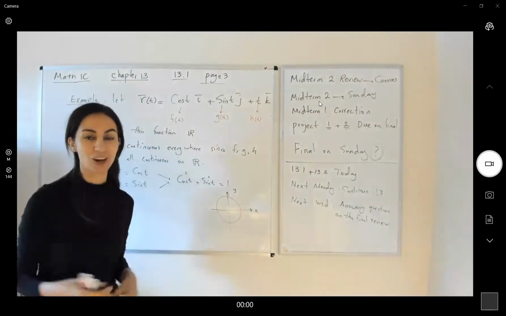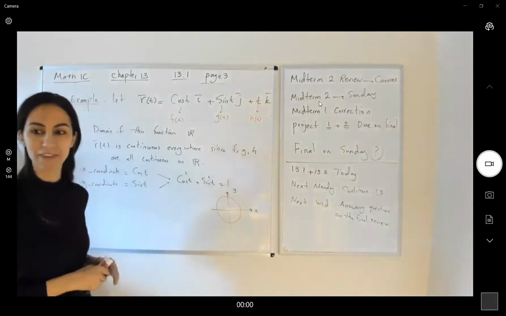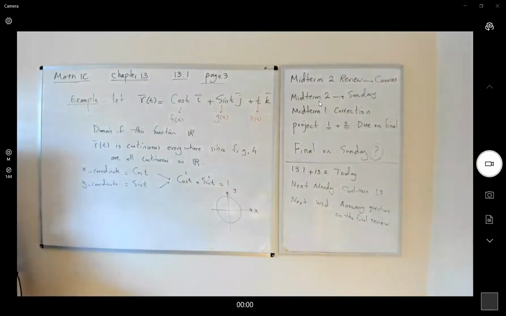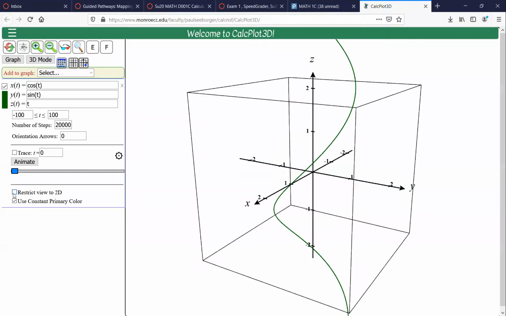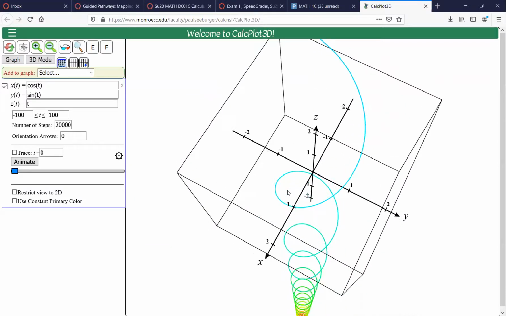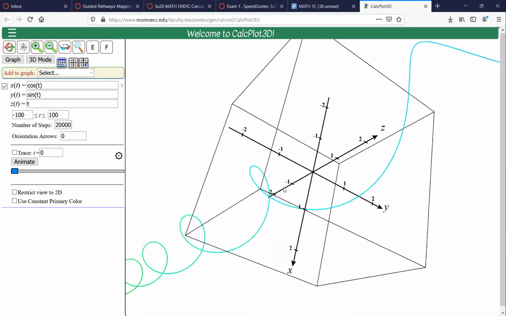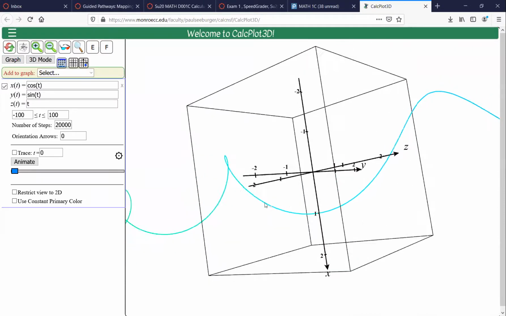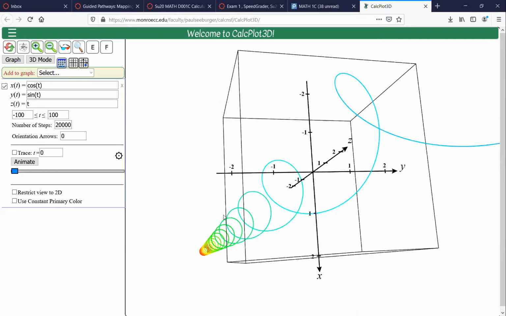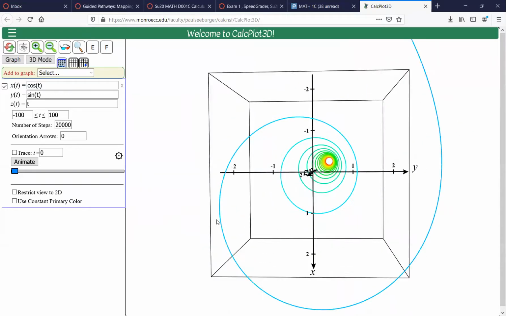And as you saw in the graphing website here, if we forget about two-dimensional space, you have a helix, a vector function that continues to both sides of the z-axis.